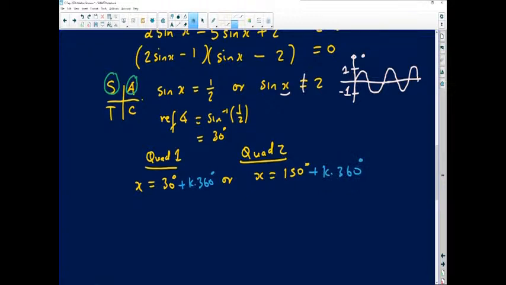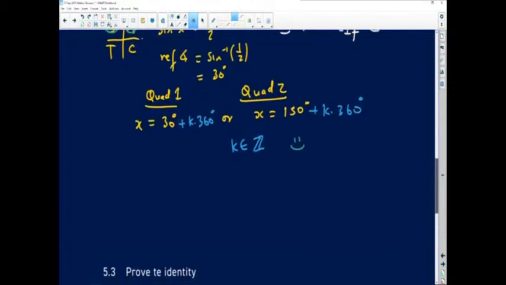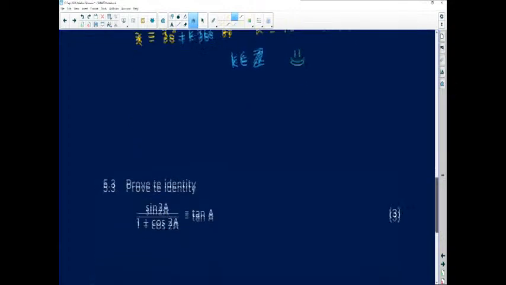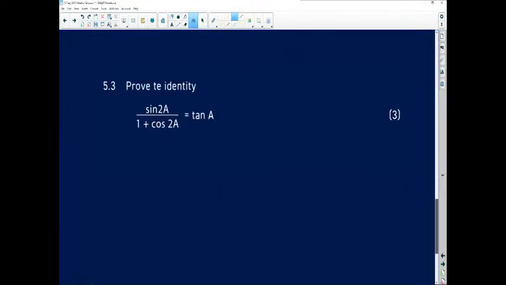It's always going to be k times 360 if you are dealing with sine and cos. But if the question was about tan, you will use 180. Remember to tell them that k is an element of all integers. And if you do this, that will be the solution to this problem. It's very simple and quite awesome. As long as you understand how to work with those equations, everything will always work out beautifully.